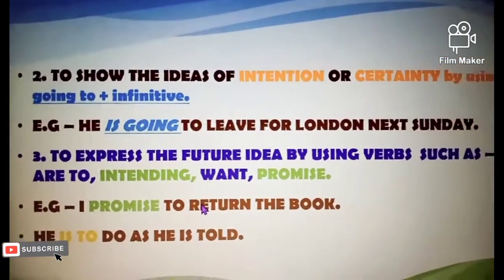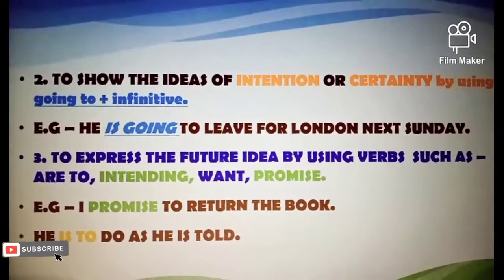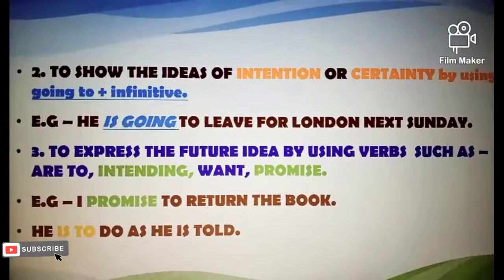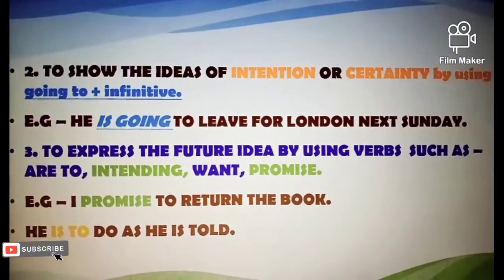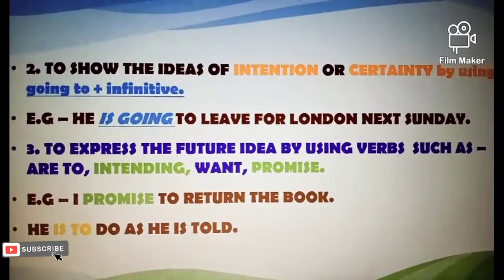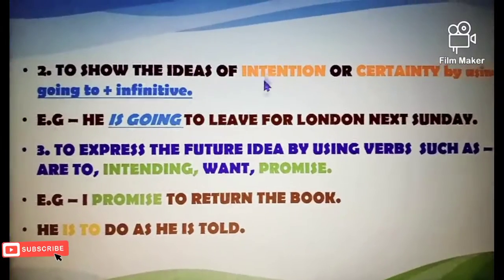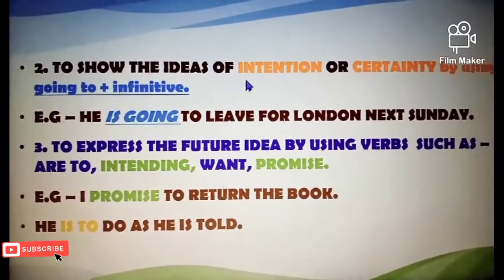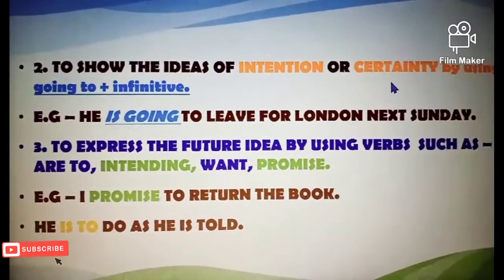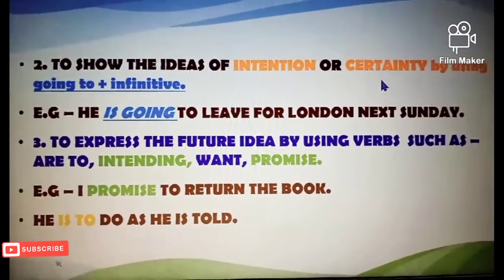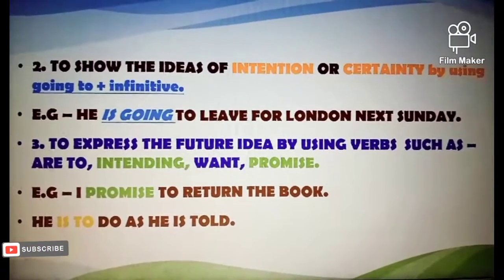The second important usage of simple future tense is to show the ideas of intention or certainty by using going to plus infinitive. This means we can express the future, and in that expression, if you have some intention or certainty, that certainty can be expressed by using the structure going to plus infinitive.